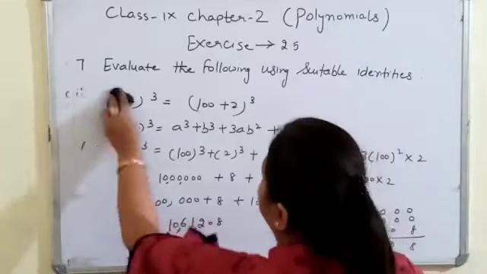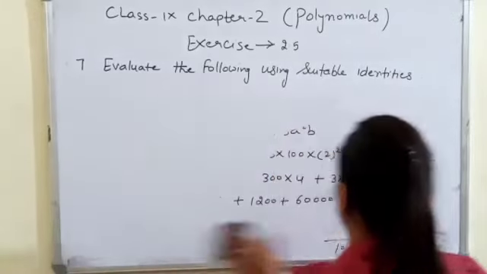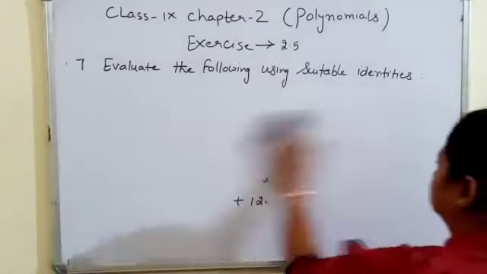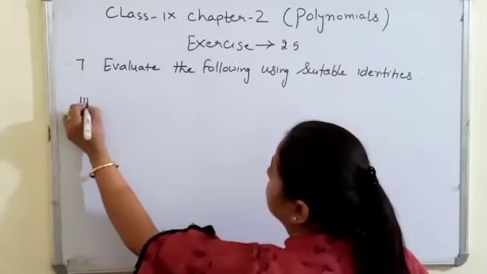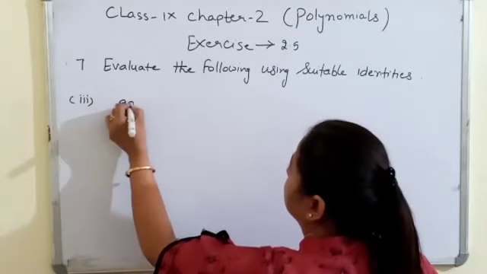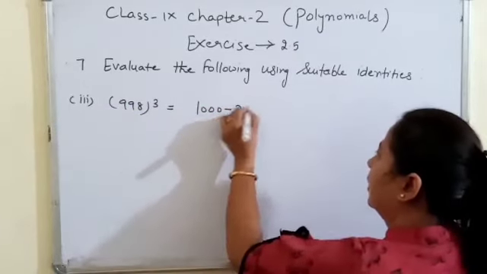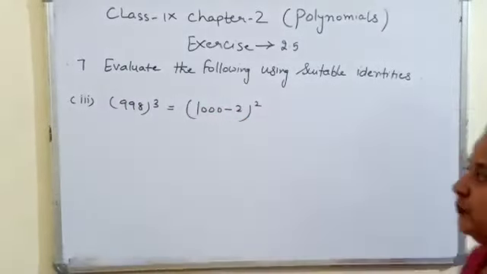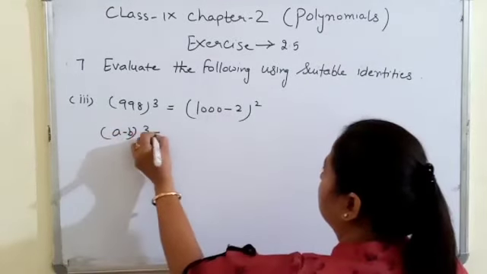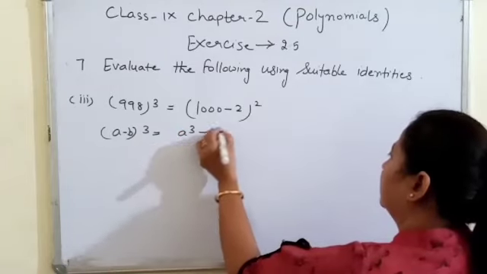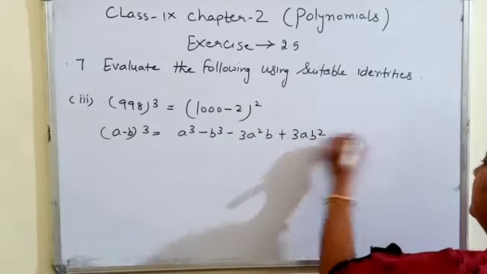998. We can write it as 1000 minus 2. So let's apply A minus B whole cube: A cube minus B cube minus 3a square b plus 3a b square.